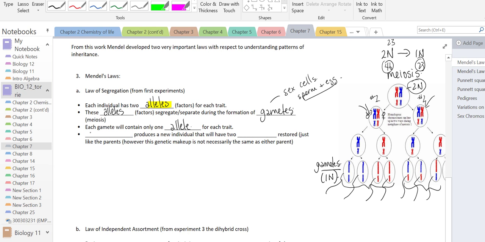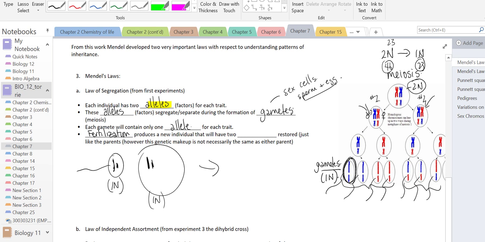Now, keeping in mind fertilization, if this sperm, let's say this one right here, happens to carry its genetic information to an egg which it fertilizes, so I've drawn one big chromosome, one small chromosome, we have this 1n haploid sperm and a 1n haploid egg, which will produce a new individual which will have two alleles restored, right?